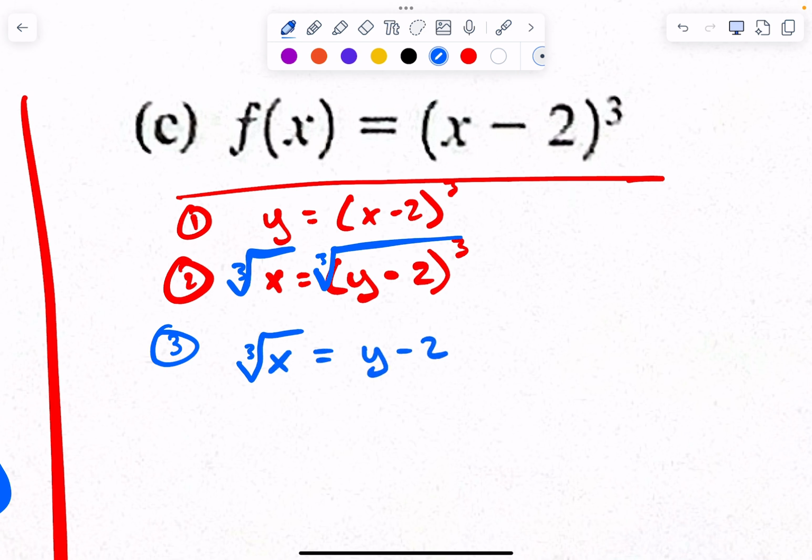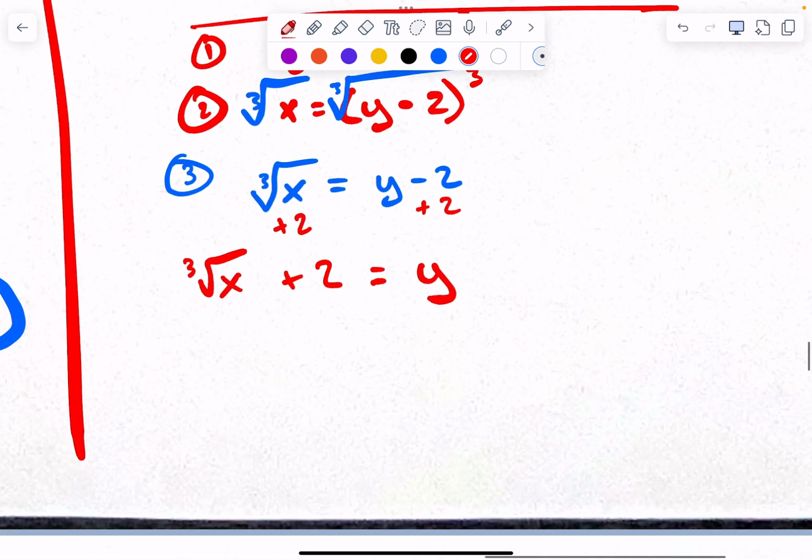Y minus 2. Okay, then what? I've got to solve for y. Add 2. Does the 2 go underneath there, or on the outside, beside it? Beside it, yeah, on the outside. So the cube root of x, plus 2, right? Okay, and then step 4, f inverse of x equals the cube root.